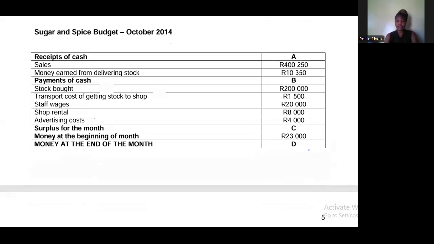So you can see there is A there. A is receipt of cash, B payment of cash, and then C surplus for the month, and D money at the end of the month. For us to find A, which is our receipt of cash, we are supposed to add the two.